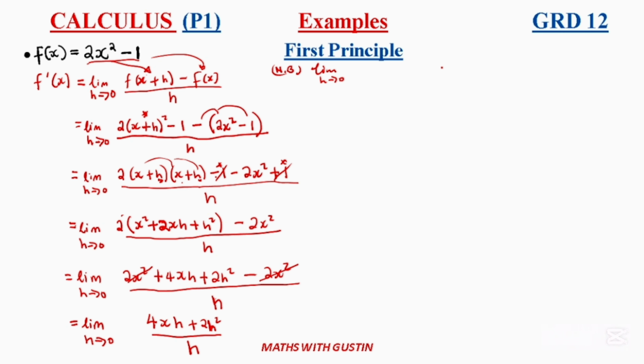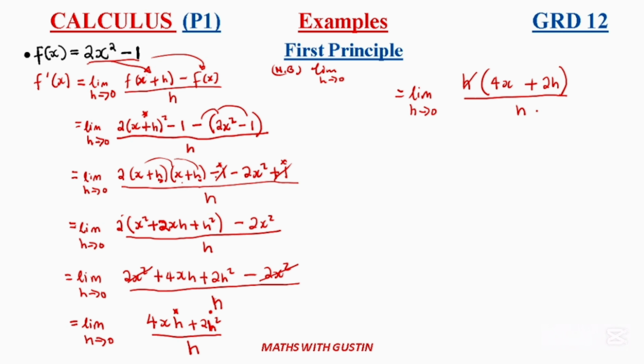Great stuff. So now as we continue, as you can see here, guys, we've got h there and we also have h here, so I can take out h as a common factor on top. Lim h approaches 0. No rushing, guys. Then we take out h here. If we take out h, we're left with 4x plus 2h, close bracket, all over h.